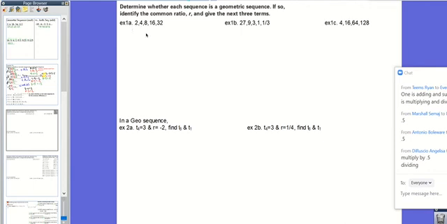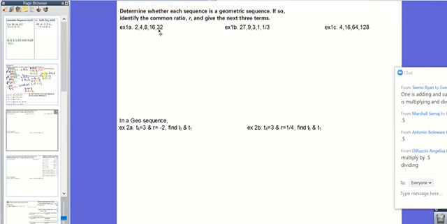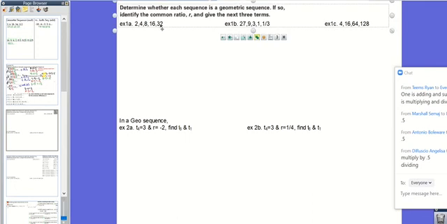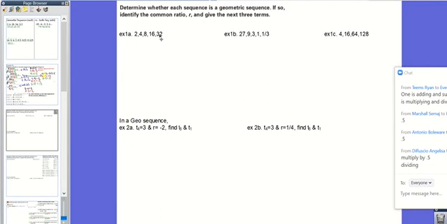So 4 divided by 2 equals 2. Then 8 divided by 4 equals 2.